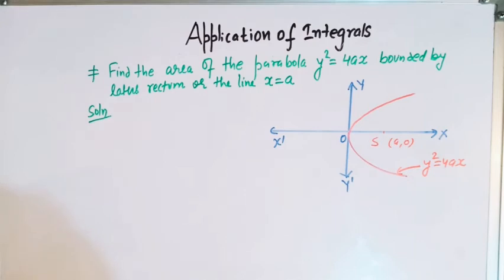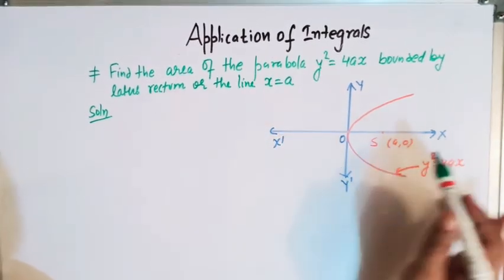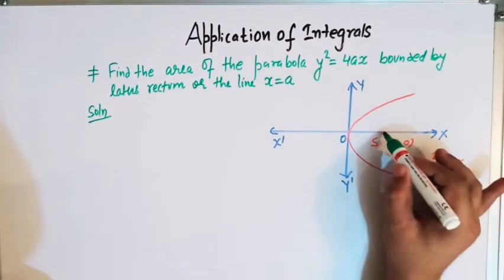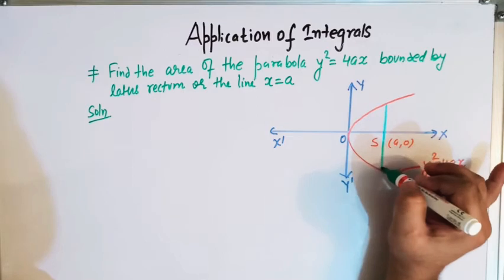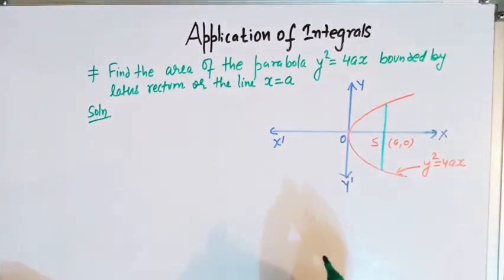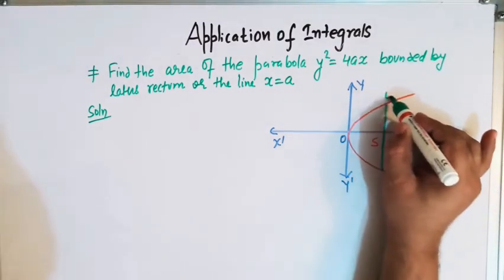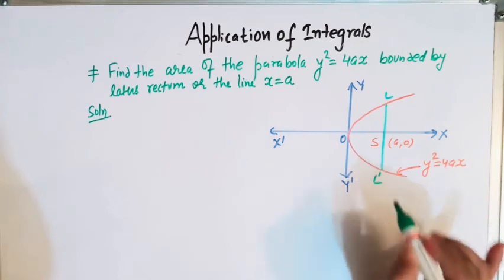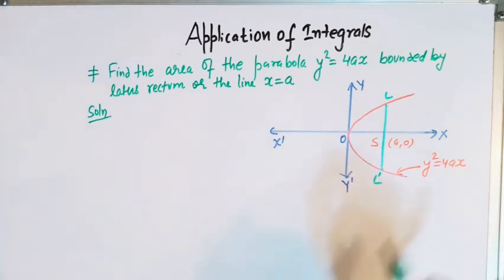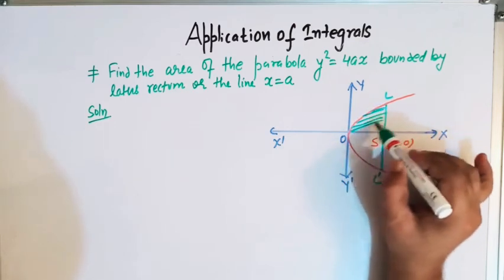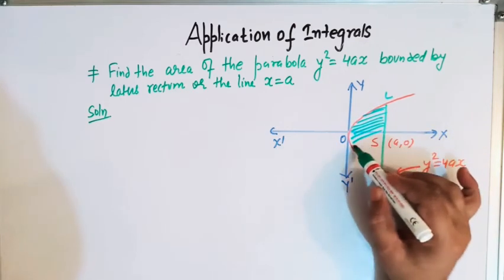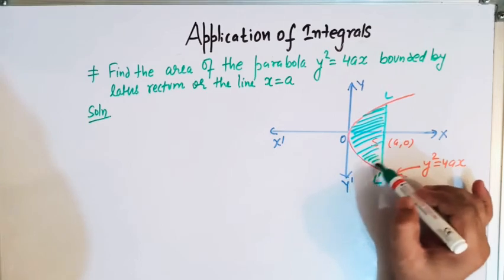Now we know that the latus rectum of this parabola passes through this focus, and this is our latus rectum, right? And let us say this point is L, this is L prime, right? Now we have to find this area. Clear? Okay.